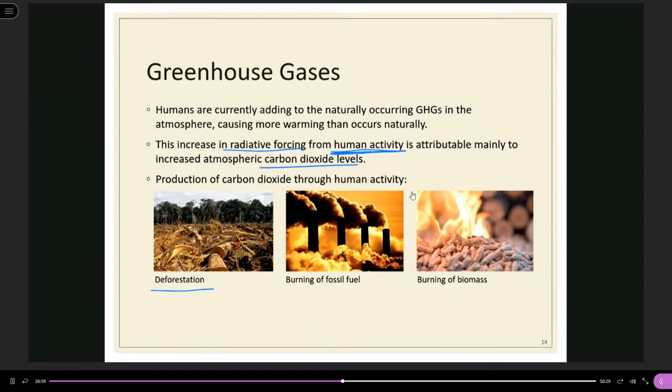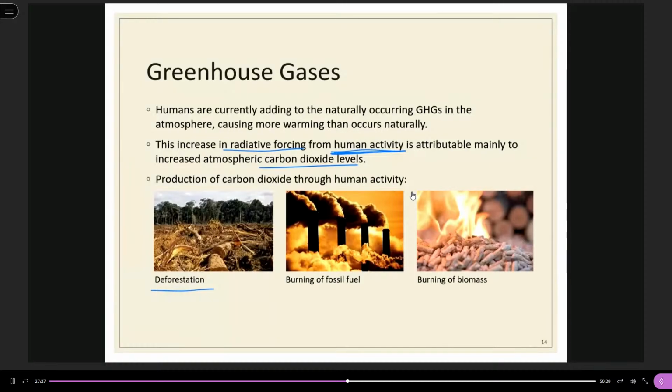The trees would convert the carbon dioxide into oxygen. But now we cut them down, maybe for building houses, maybe for making paper, maybe for making furniture. So we lost the thing that can convert the carbon dioxide into oxygen.